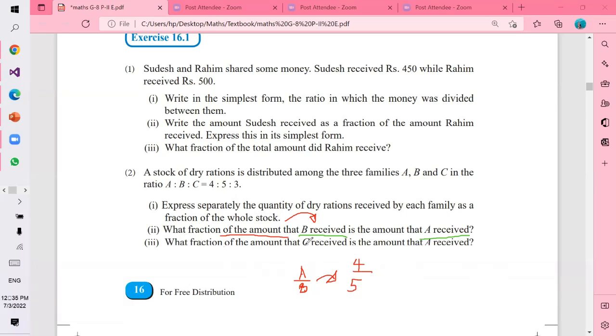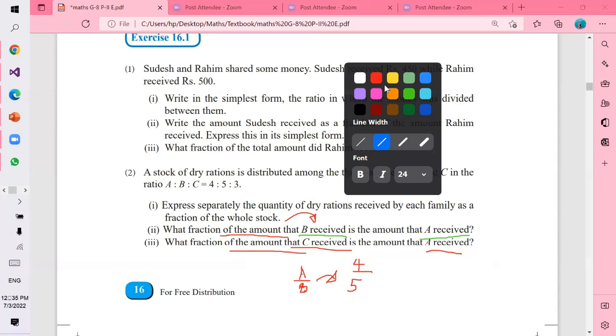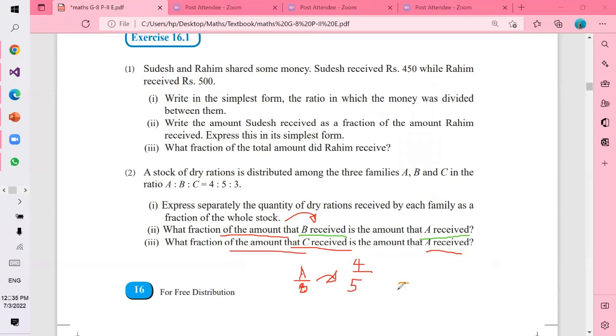Then what fraction of the amount C received is the amount A received? So of the amount, that means the denominator is C and A is the numerator. Then what's the answer, Viara? 4 over 3.